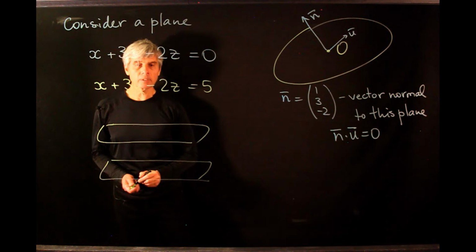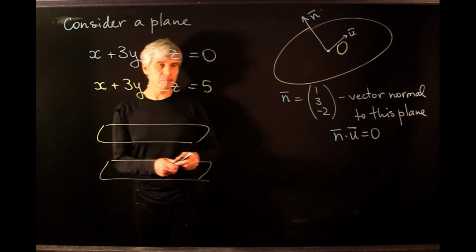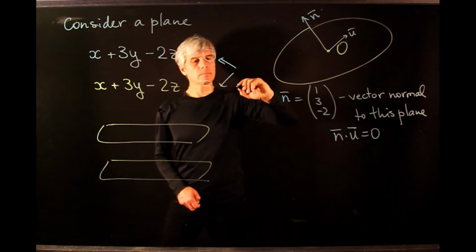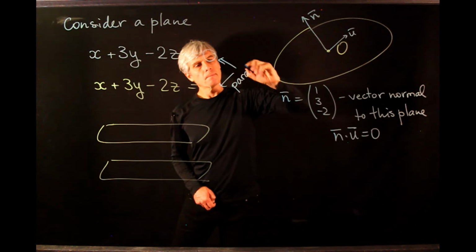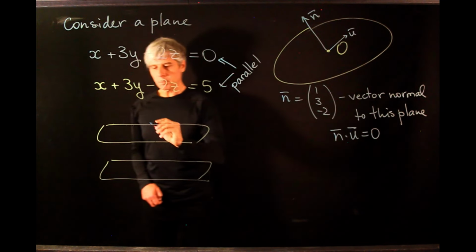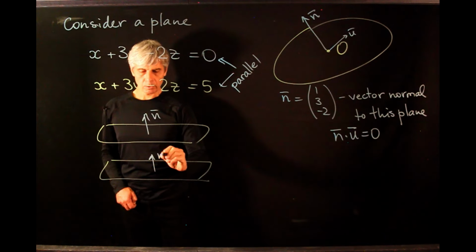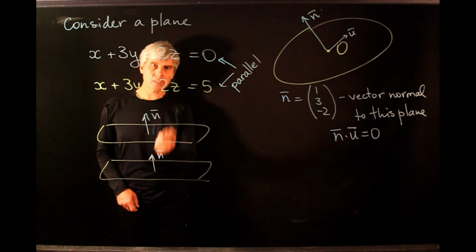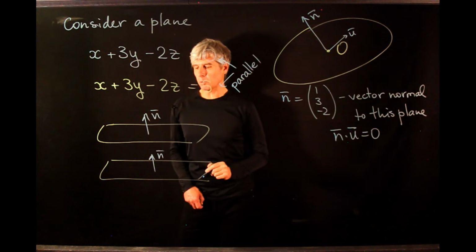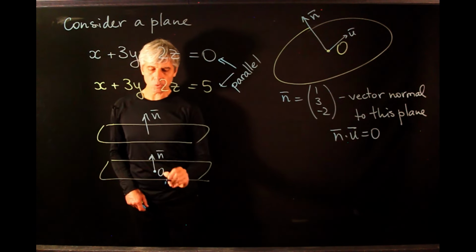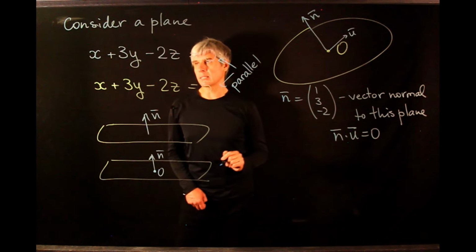And if these two planes are parallel, this means that they have the same normal vector. So these are two planes with the same normal vector, and the only difference is that one plane passes through the origin and the second doesn't.